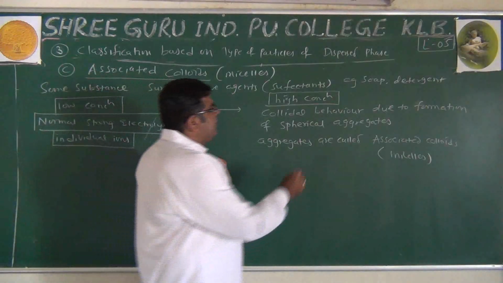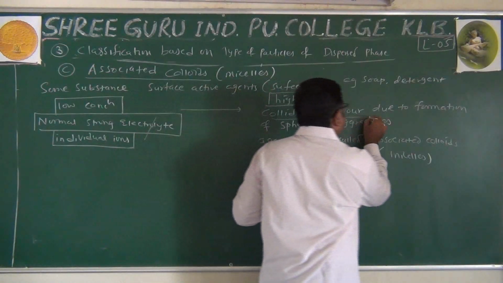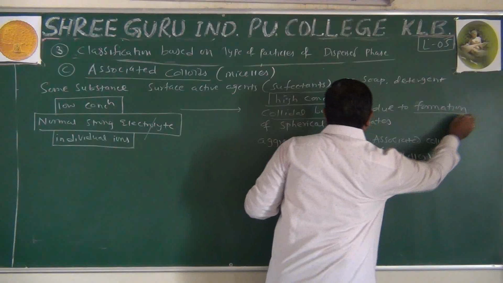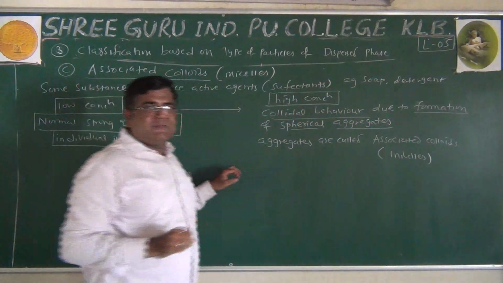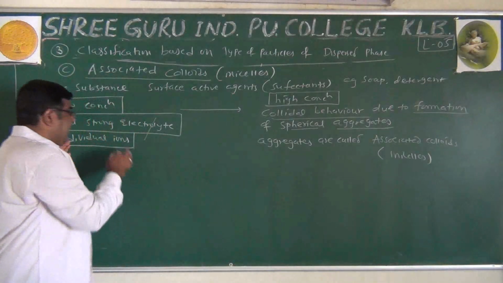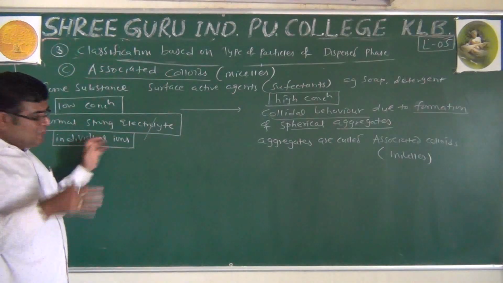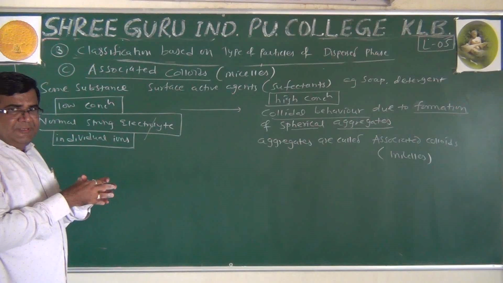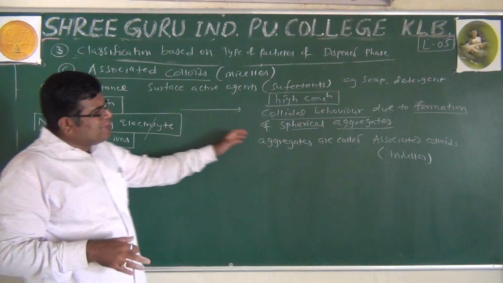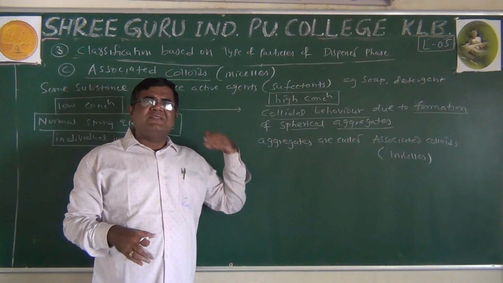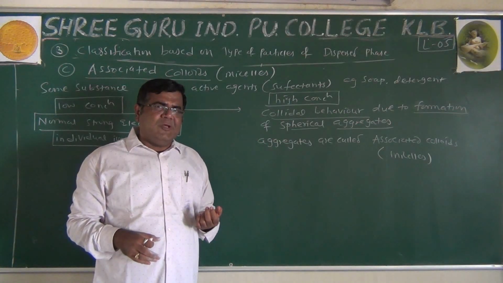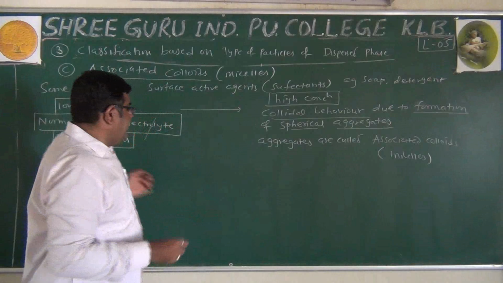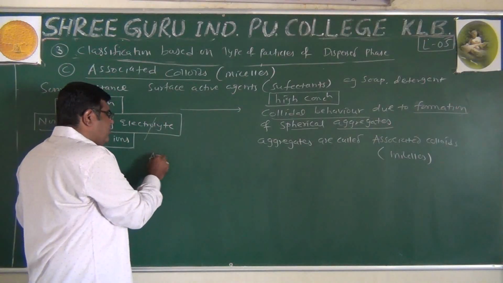So this colloidal behavior is due to formation of spherical aggregates. Spherical aggregate means aggregation of ions, association of ions, and due to their association, their size is in the colloidal range. They are called associated colloids. Now, associated colloid.